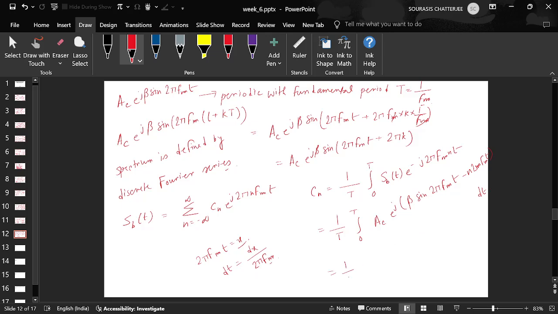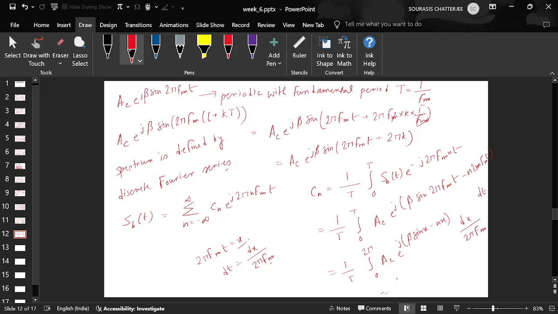And we have 1 over T. The integration limit now changes to 0 to 2 pi, because now it's x, and for t equal to capital T we have x equal to 2 pi. You have Ac e to the power j beta sin x minus nx, dx over 2 pi fm. Now T times fm is equal to 1.